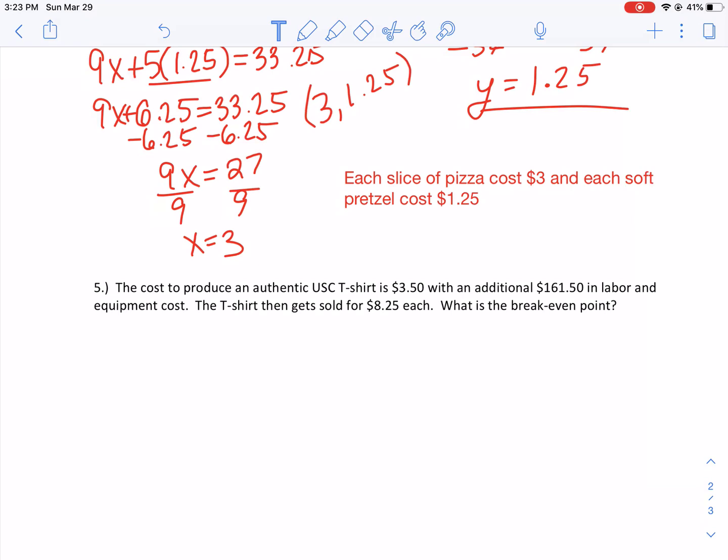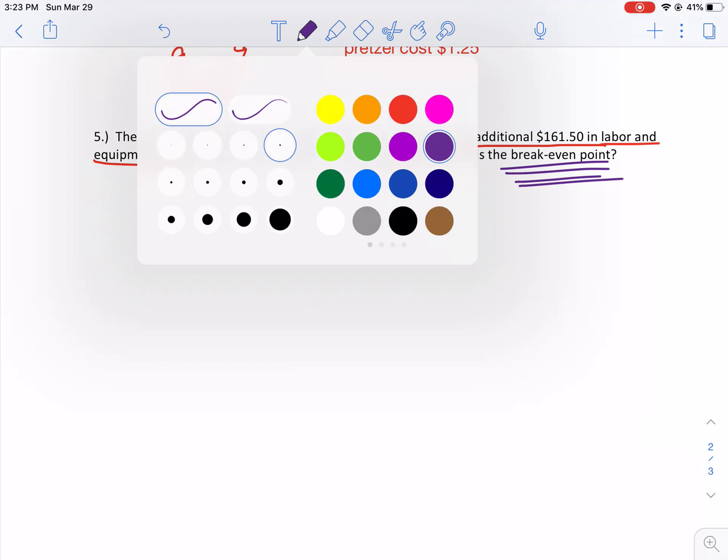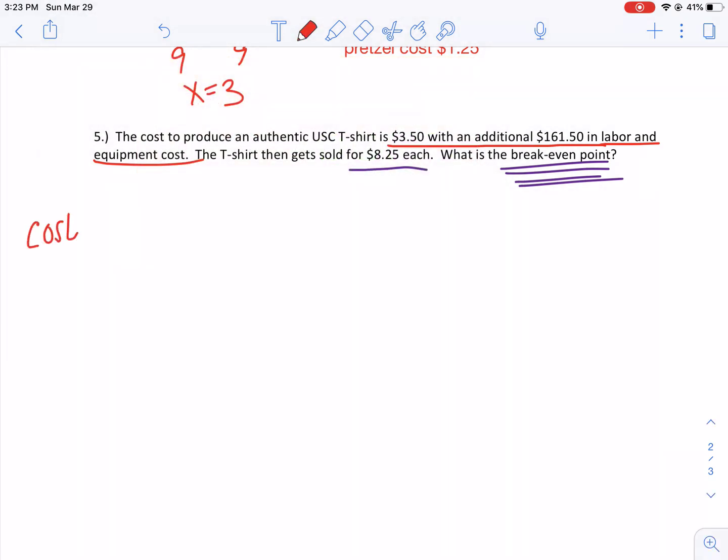And the last problem, the cost to produce an authentic USC t-shirt is $350 with an additional $161.50 in labor and equipment costs. Then the t-shirt gets sold for $8.25 each. What is the break-even point? Ooh, we've seen that before. That's dealing with cost and income. So your cost equation is how much does it cost to produce these shirts?